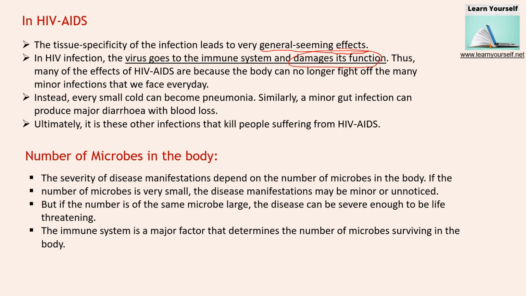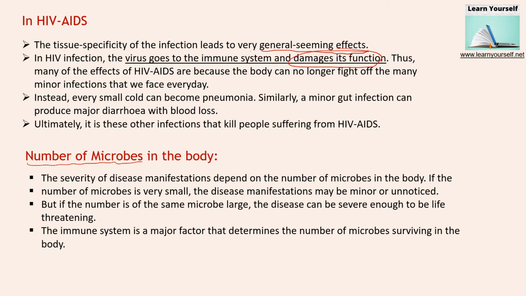Now, when we are talking about disease, the number of microbes in our body is also important. If the number of microbes is small, then it will be an easy task for our immune system to kill all the microbes.